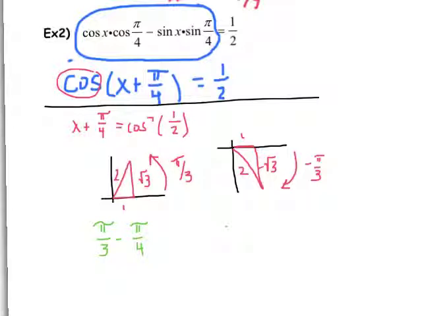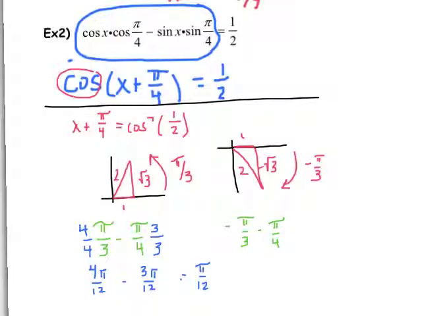And then over here, negative pi over 3 minus pi over 4 is my other answer. Well, I do definitely want to get my final answers here. So I need to get a common denominator. This is kind of annoying, but it's just getting a common denominator. So that's 4 pi over 12 minus 3 pi over 12. So that is pi over 12.